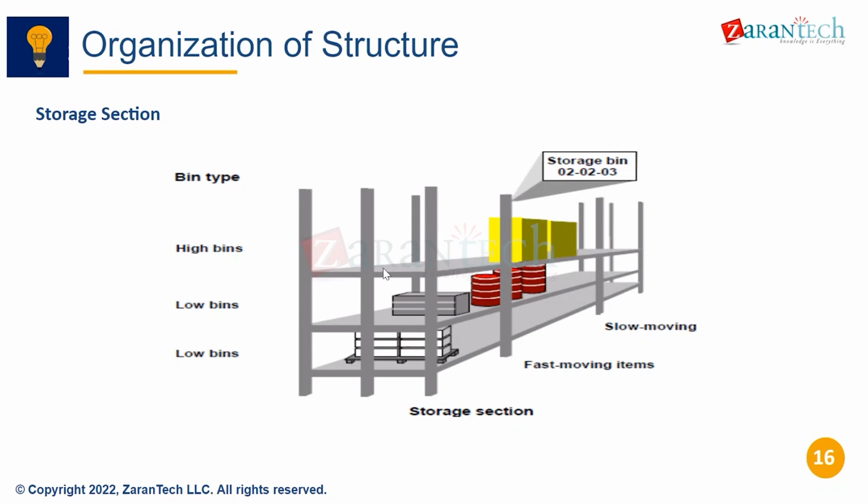Stack one, stack two, and this is level two, second stack, level two, second stack, and the bin number will be three. So the coordinates will be created something like that in the warehouse.